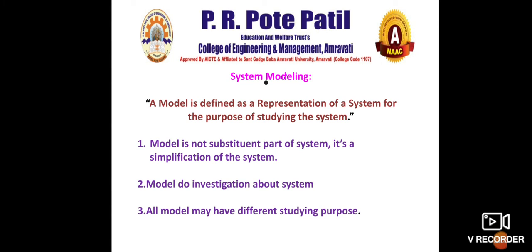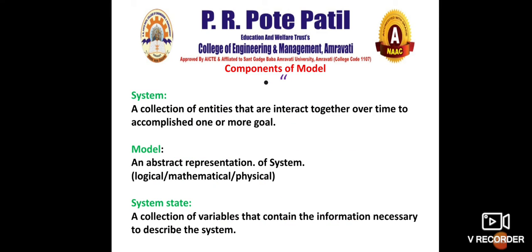Based on those variables and factors, you can decide whether to prepare a mathematical model, a physical model, or go for its simulation, or many different kinds of things. So there are a number of factors that affect system modeling.